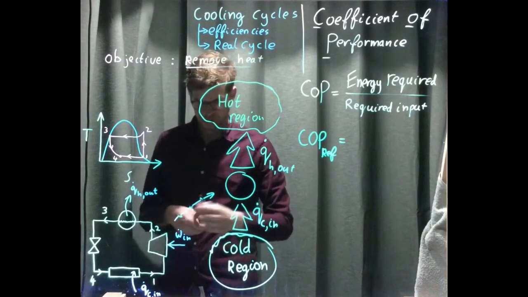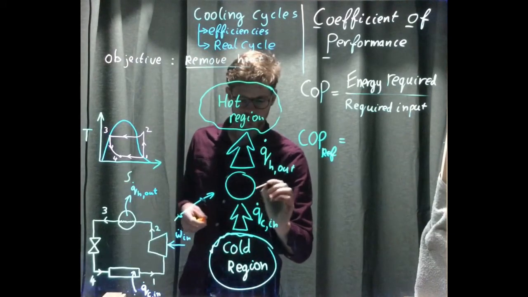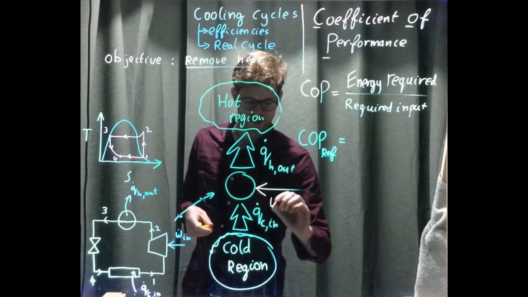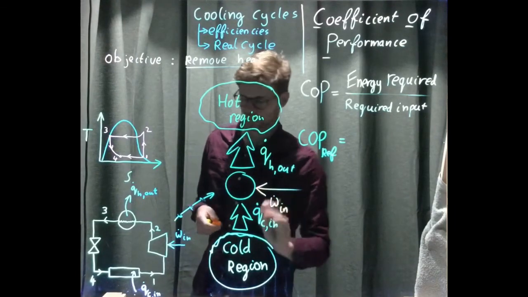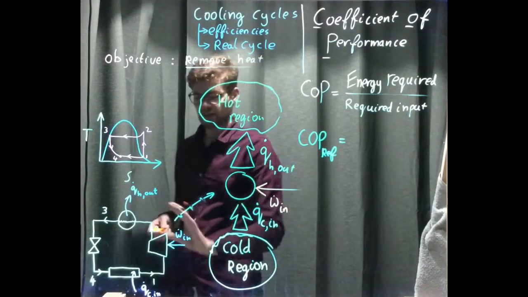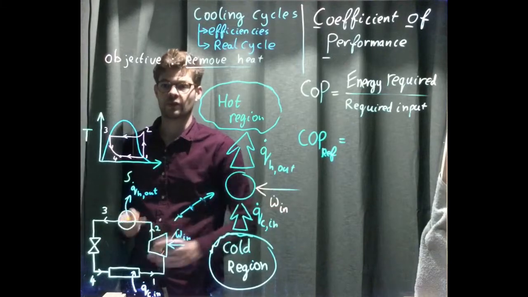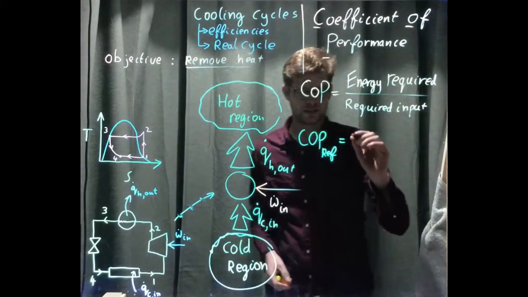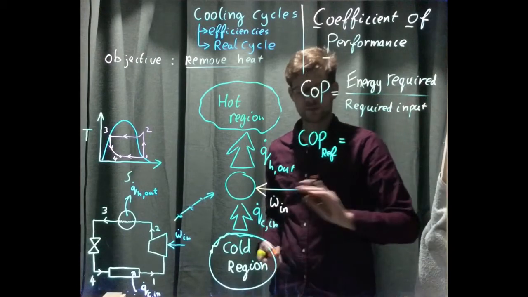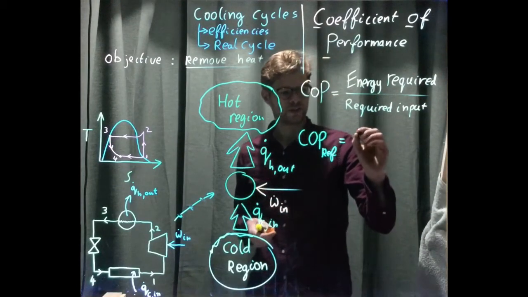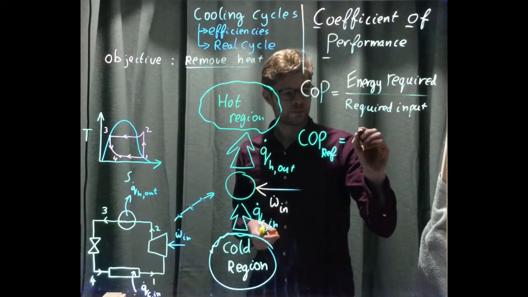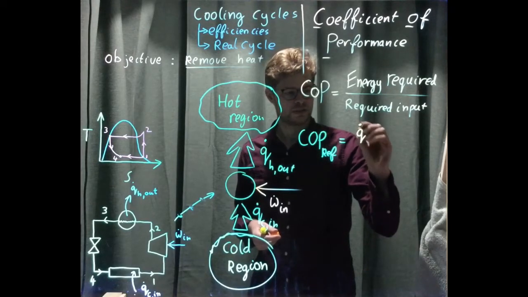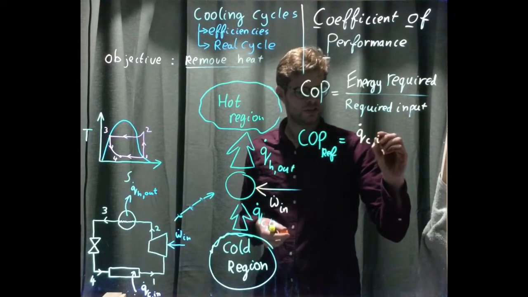And this is the process, and this process requires some work. In our case it is the work that we put into the compressor to keep the process going. So our energy required, what we actually want to do, is remove heat, so that would be the Q cold in.